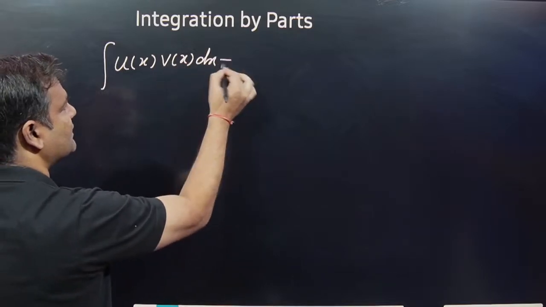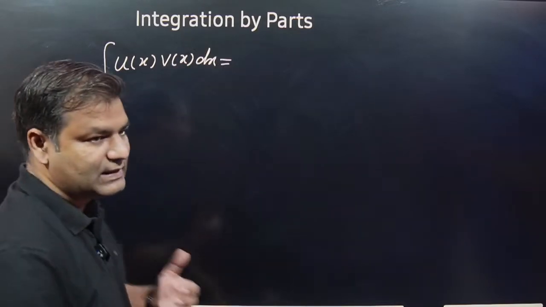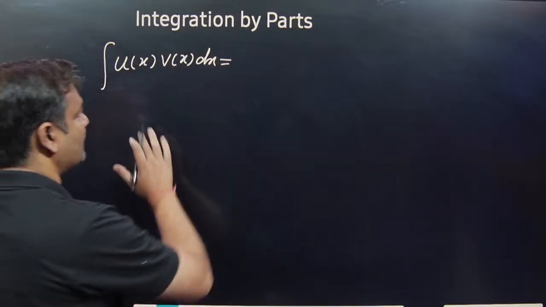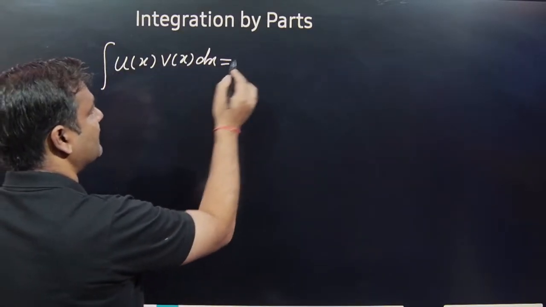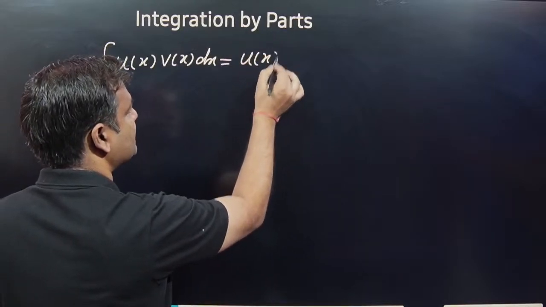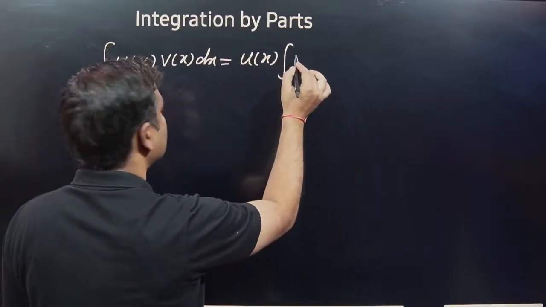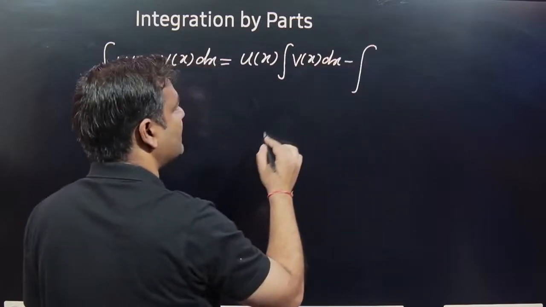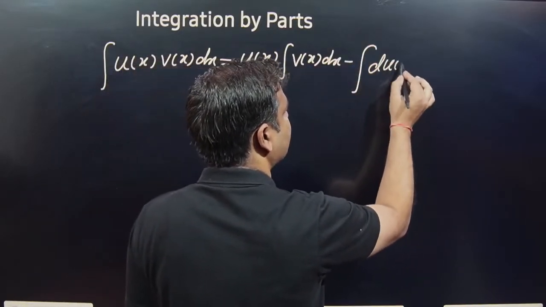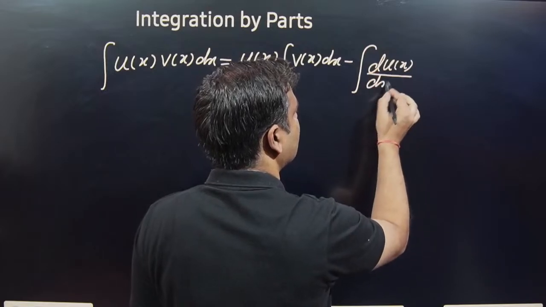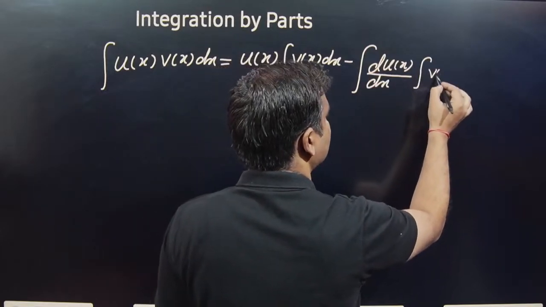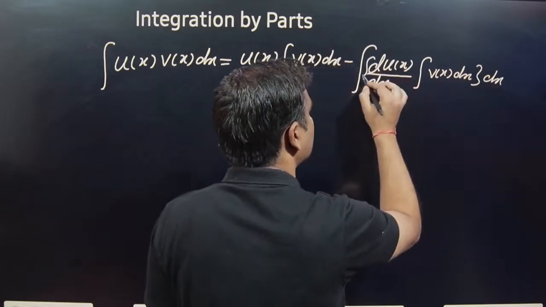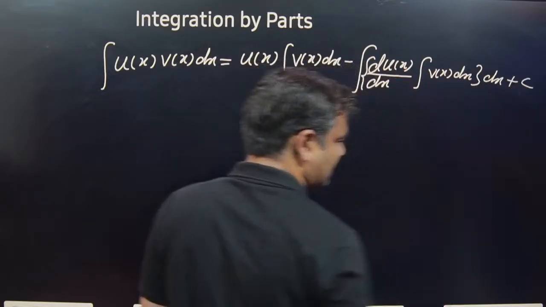First function u of x into integration of second function, minus differentiation of first function into integration of second function, after that whole integration. Clear? And finally written C.